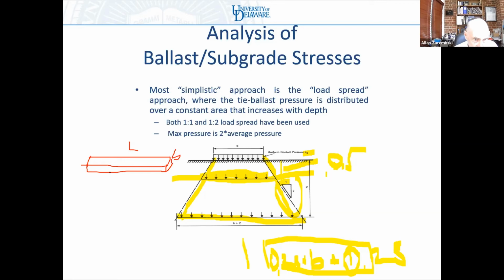So the cross-sectional area under the sleeper is L times b. If I want to look at the equivalent cross-sectional area at a depth Z, and for the moment, let's make this a 1-to-1 slope rather than a 1-to-2 slope, just because the math is a little bit easier.